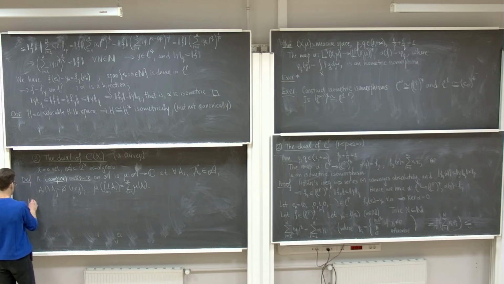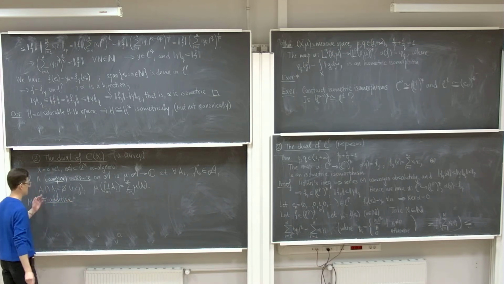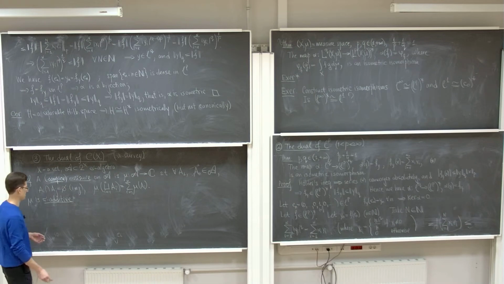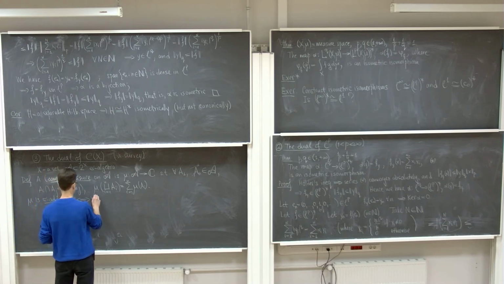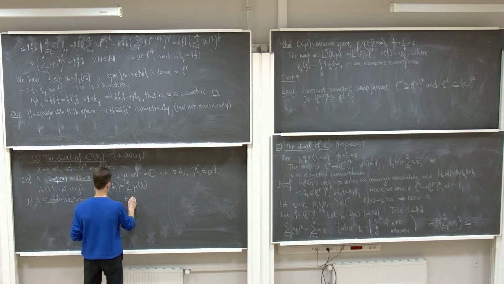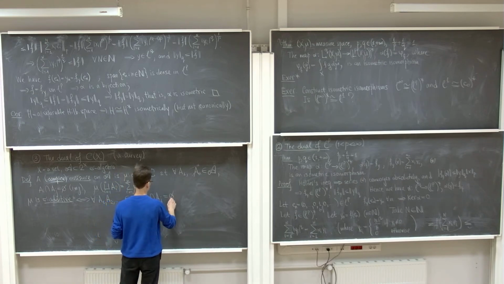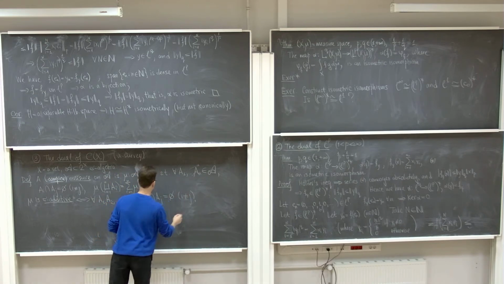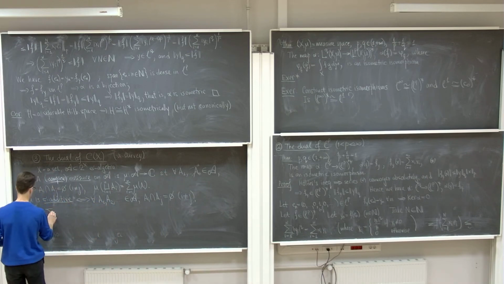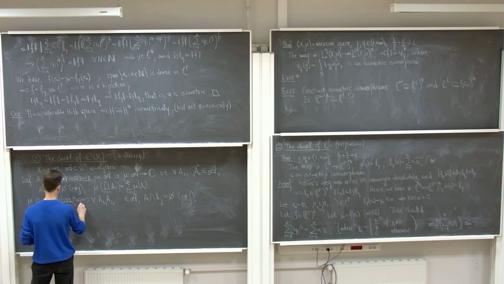And we say that mu is sigma additive if the same property holds for countably many disjoint sets. For each countable family of disjoint sets in our sigma algebra, we have the following equality: the measure of their union is the sum of their measures.